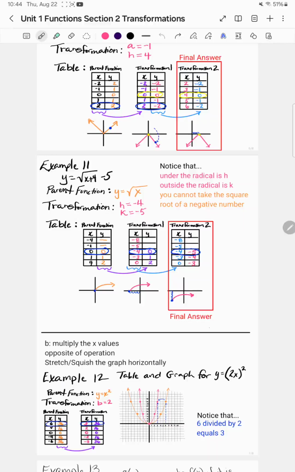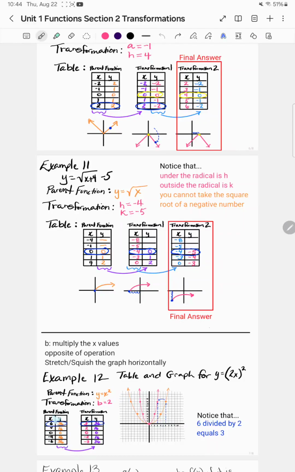So example 12, we're told to make a table and a graph for y equals 2 times x squared. So now we have this multiplication happening underneath the exponent. So that's how we know that it's b. And you can see parent function still y equals x squared.